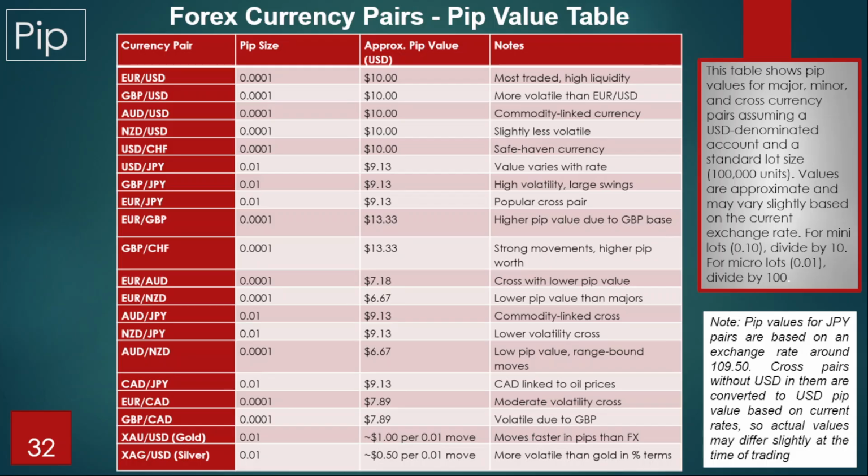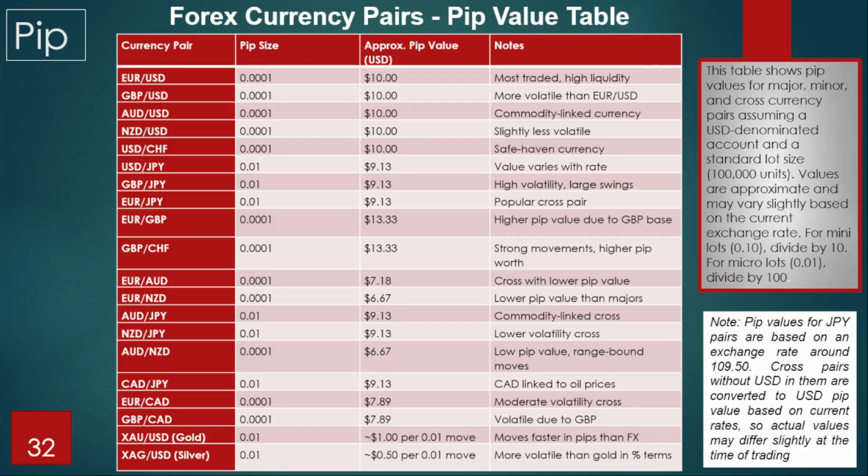You cannot calculate it based on the previous exchange rate. So this is a table that you can pause and look at for yourself to see the pip values of different currencies that you might want to trade.